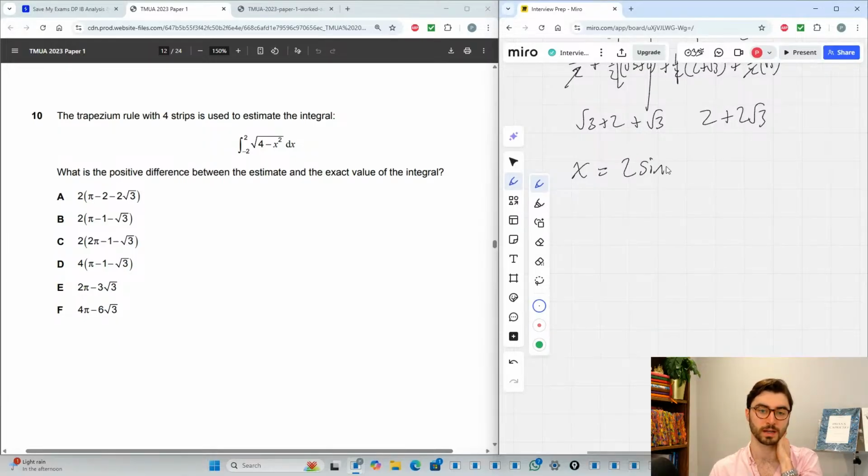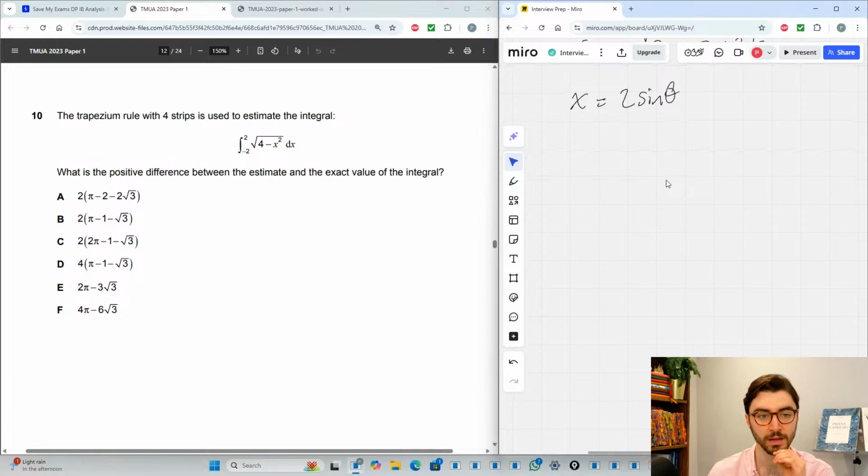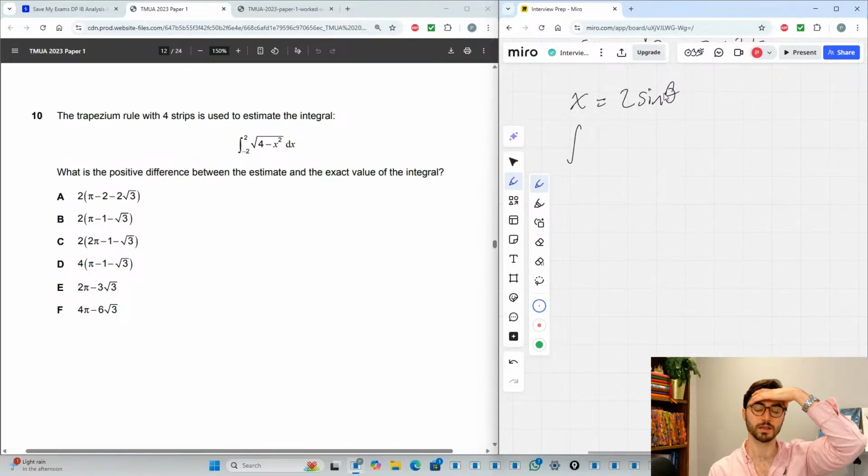So 2 sine theta, because that looks very trig to me. So the integral from, now when x equals minus 2, sine theta is minus 1. And that would be minus pi over 2 to pi over 2 of the square root of 4 minus 4 sine squared theta.